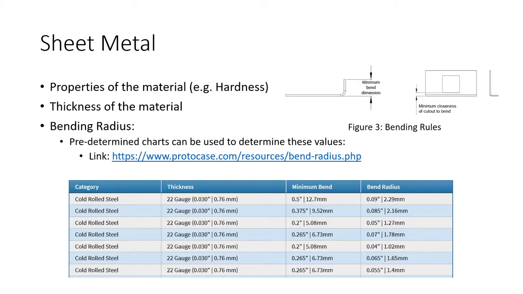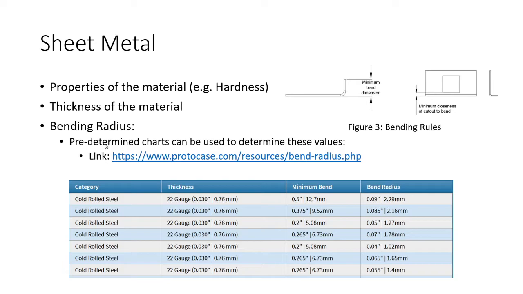So knowing the material properties is important beforehand. Then the thickness of the material, how much force we might need to apply on it. While you're performing the bending, you might want to know the bending radius for that material, of course.